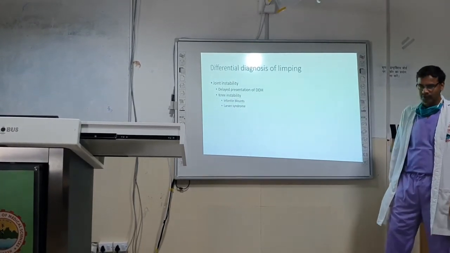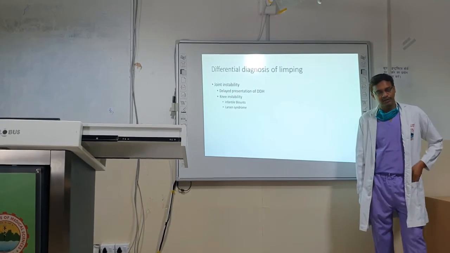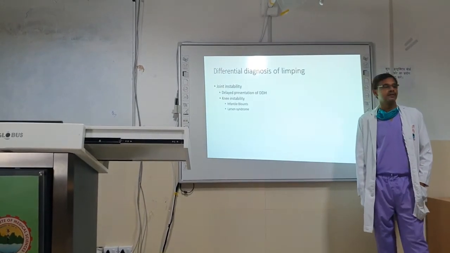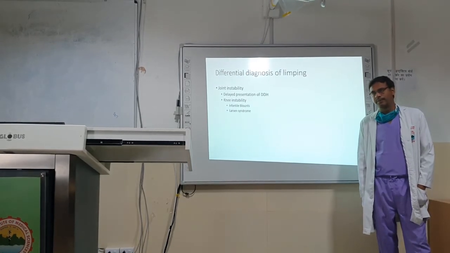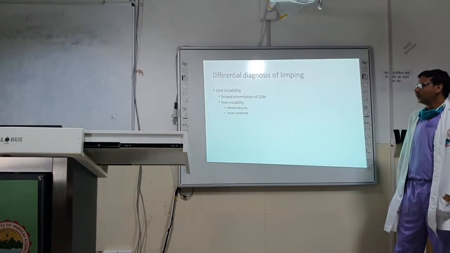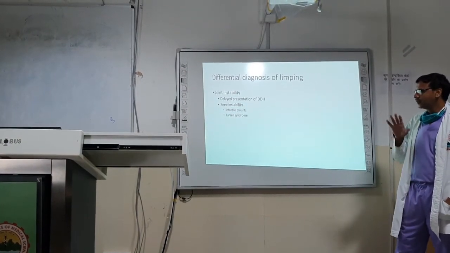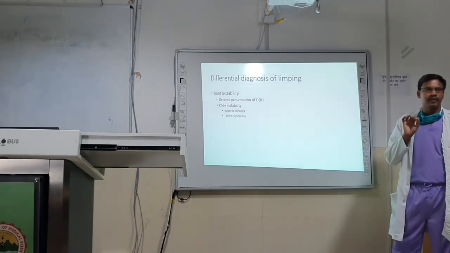Now the next important, last but not the least, is joint instability. Another important cause of limping, painless limping. So joint instability in hip is commonly seen as delayed presentation of DDH.